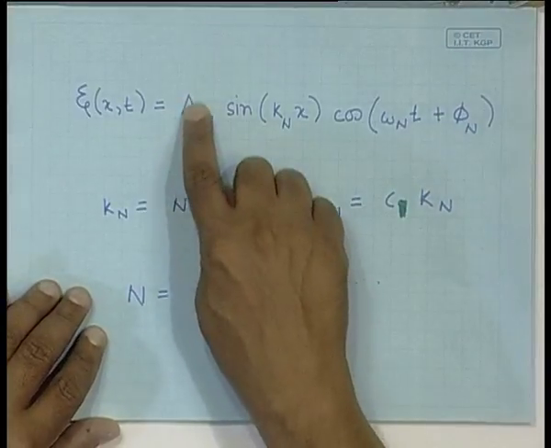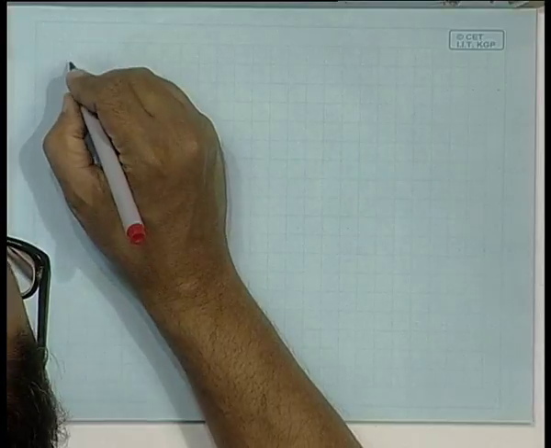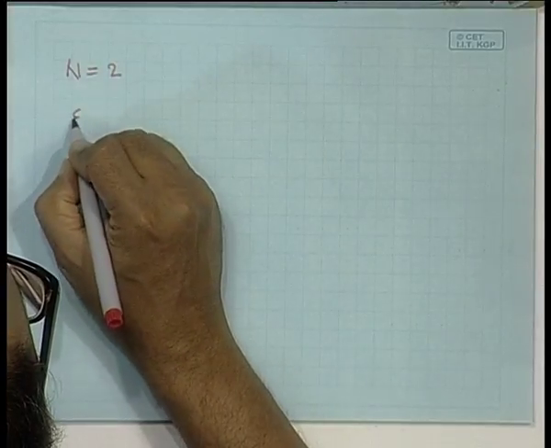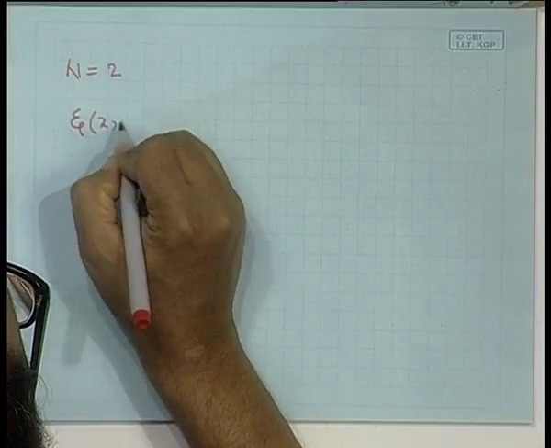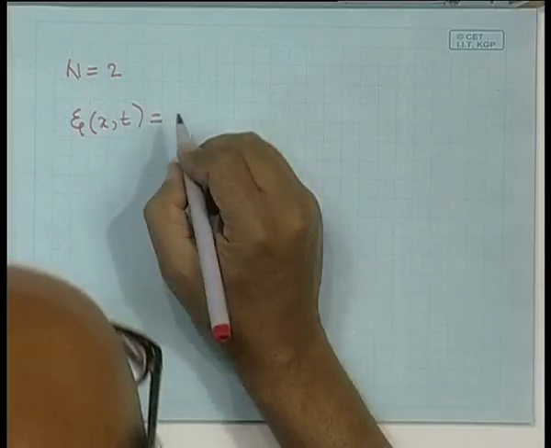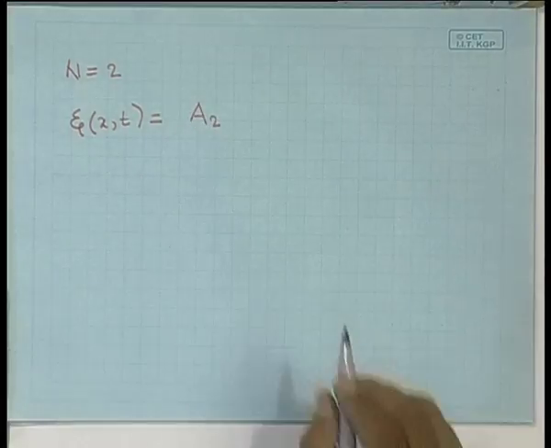Again, I will choose the amplitude to be 1, I will set the phase equal to 0. So, let me write down the solution for n equal to 2. I will have some arbitrary amplitude which I will set equal to 1.